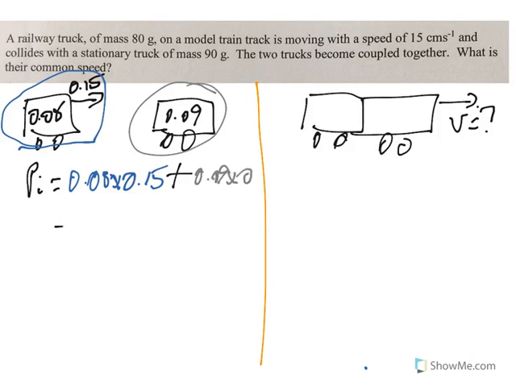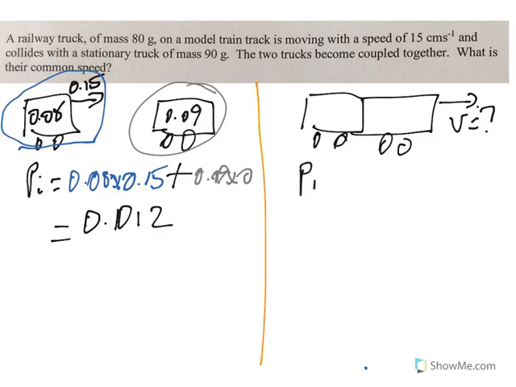So our momentum initially is just the 0.08 times the 0.15, which is 0.012. I got that wrong. All right, so that's our initial momentum.